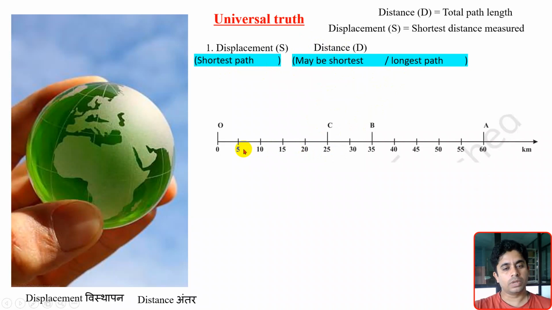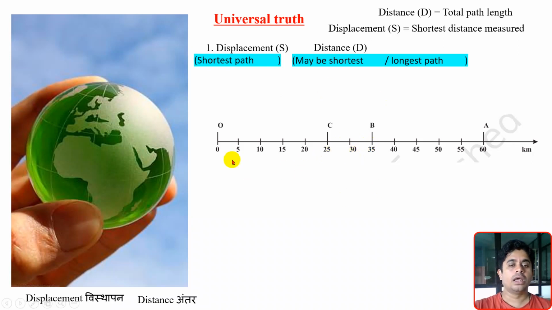Simply, again we will consider one journey, what we considered earlier. O is the initial position and A, B, C are the positions at different instants, and the object has traveled in a straight line. Suppose for this journey I want to start from O and reach B. With two options I can go.